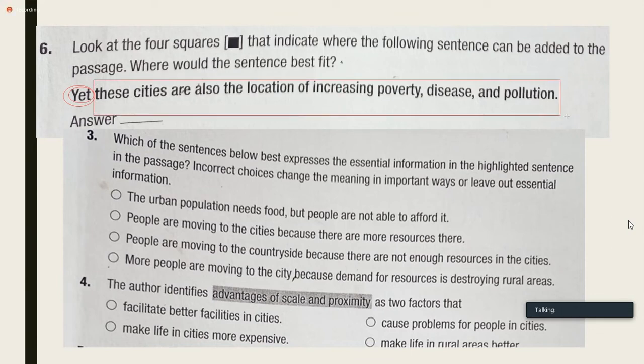The meaning of yet is a little similar to but.